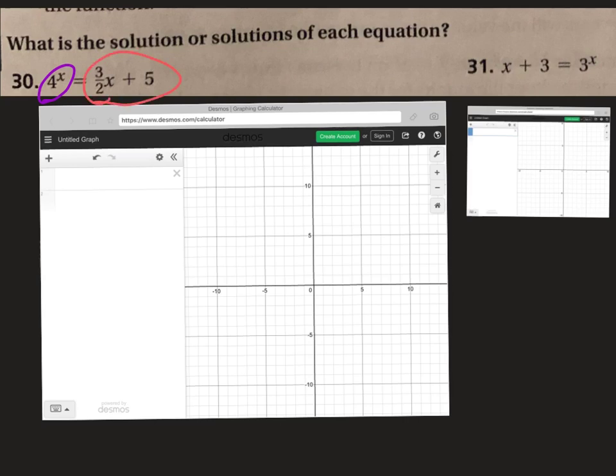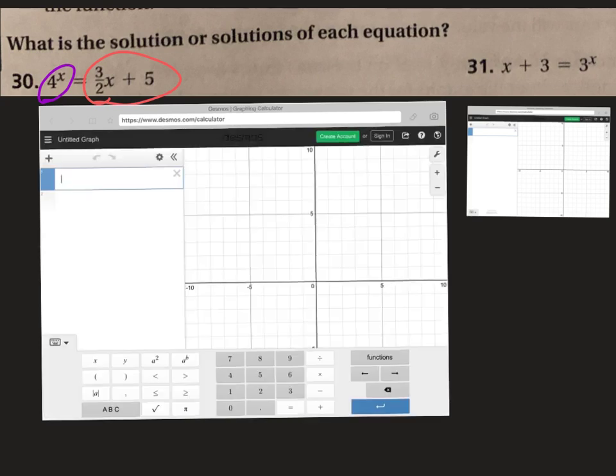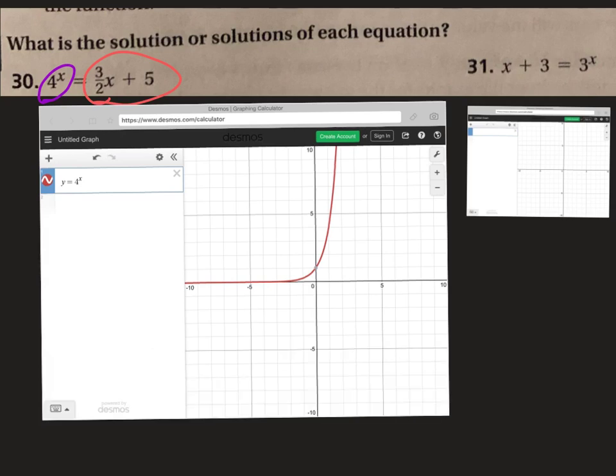So I'm going to put the first one in. So the first one I'm going to put in as y equals 4 to the x power. That's going to be that red line. Actually, I'm going to change the color of that. Okay, now it matches. Done.